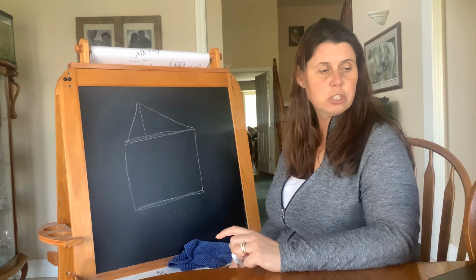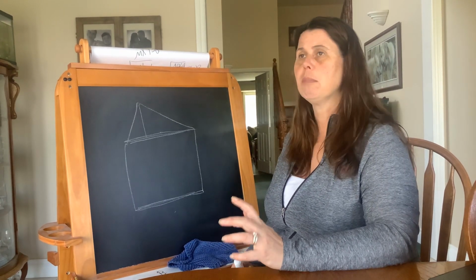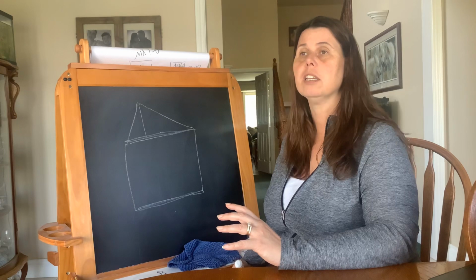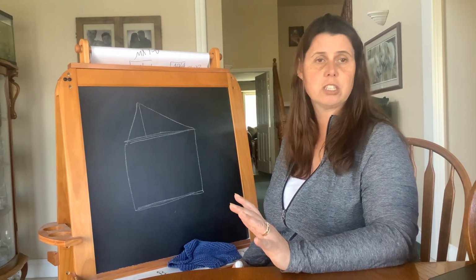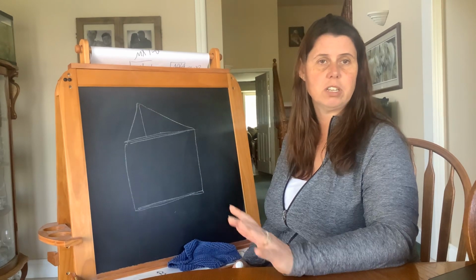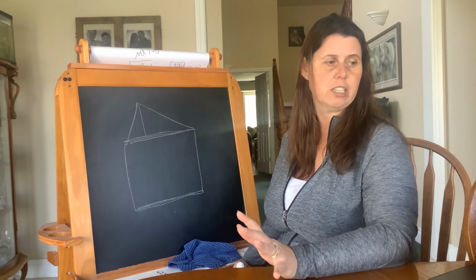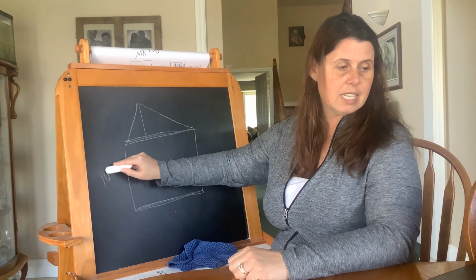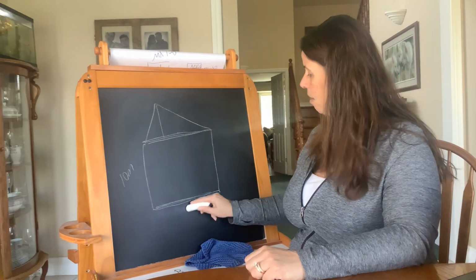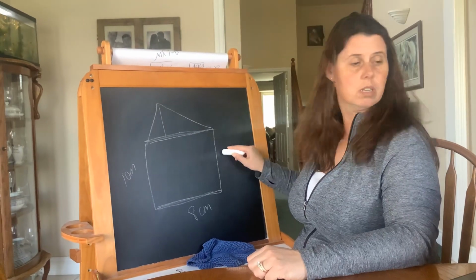But I'm not sure if they made a mistake. Either they made a mistake, or this drawing makes my drawings look like a Picasso, because it is so far out of scale, it's shockingly out of scale. Here, they've said that this is 10 meters, but everything else is in centimeters.